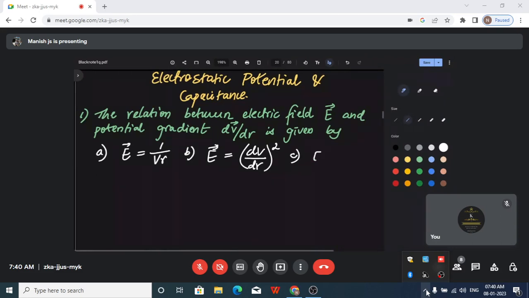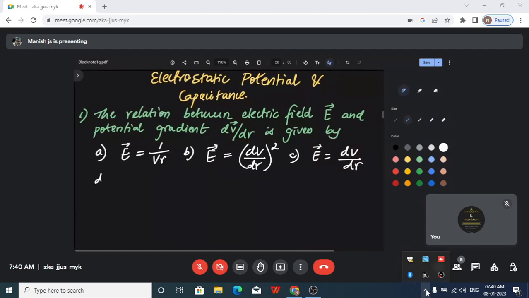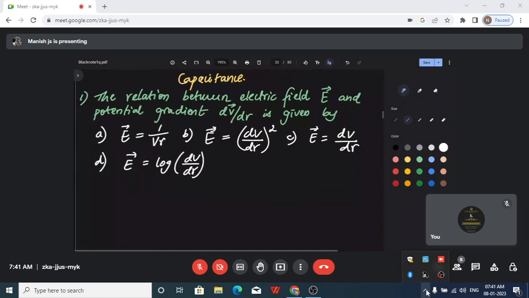Option C, vector E is equal to dV by dr. And option D, vector E is equal to log of dV by dr. Sir, option C. Answer is option C. Okay.